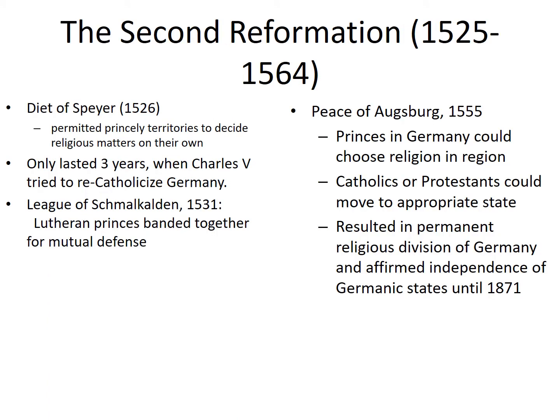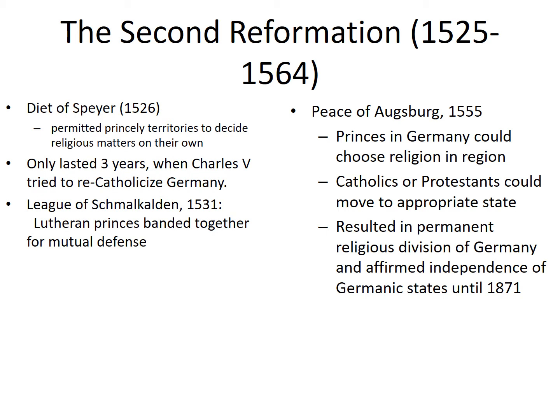The Second Reformation, if you will, happens between 1525 and 1564. This is where the Reformation does start to spread. There were a few earlier attempts to form some kind of compromise between the groups in Germany that were fighting against each other, the Catholics and the Protestants.